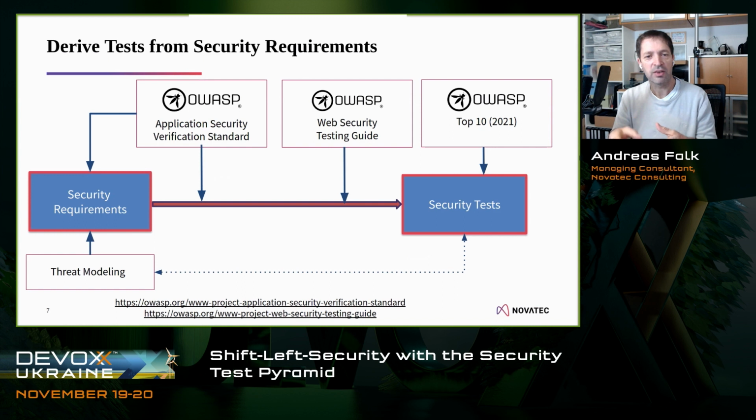So you can also more easily evolve your security tests using that document. Then the second one is the Web Security Testing Guide. This document is also commonly used by a penetration tester to really test your application. So this is a really good reference how to test each and every probable security problem, like how to test the SQL injection, how to test for cross-site scripting, how to test your file upload for different problems, for example.